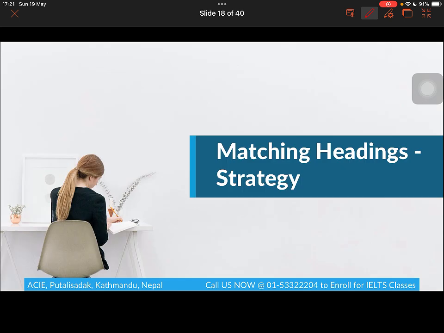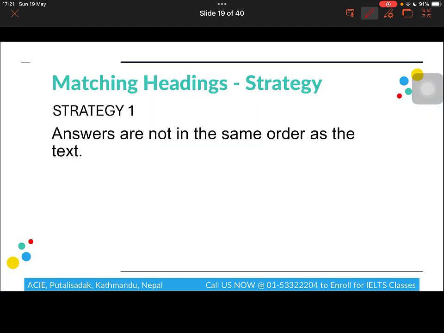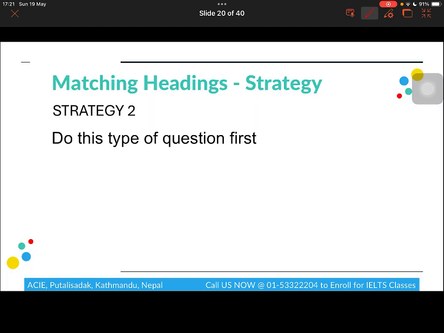All right, moving on to the next question type, which is also a major question type, a matching headings question. Let us look at the strategy for this question. Again, the answers are not in order for this question type. It is recommended that you do this question type first, unlike the matching information question, which I recommended to do at the end.